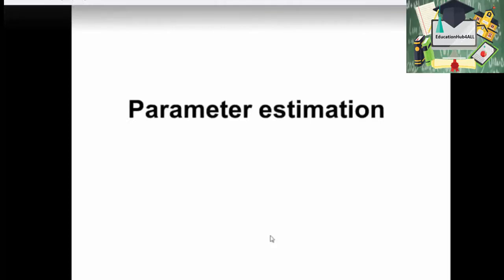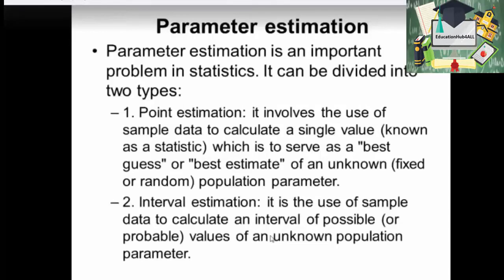So now we talk about parameter estimation. Of course, from the sample we can have the sample mean and sample variance, but many times we want to estimate some unknown parameters in the population.